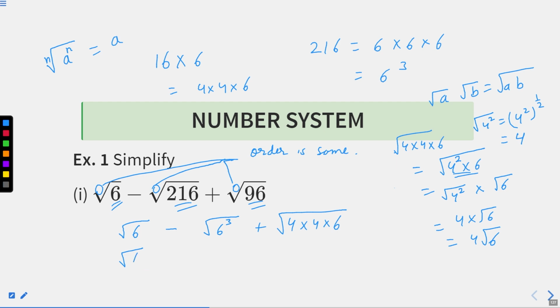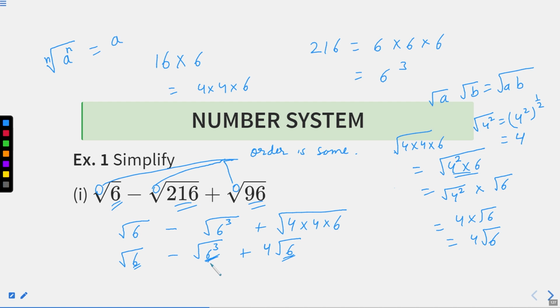Now this is root of 6 cubed plus 4 root 6. Okay, so I've made the radicands similar for this, but here the radicand is 6 cubed. So I somehow have to change it.